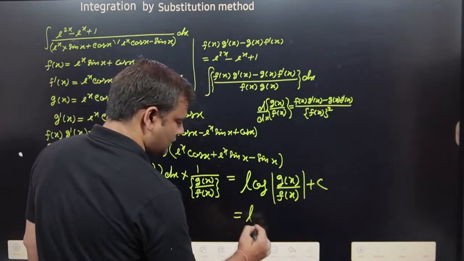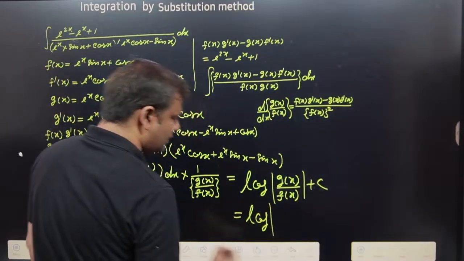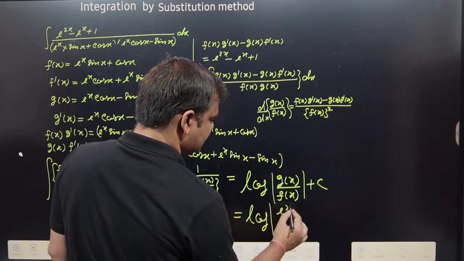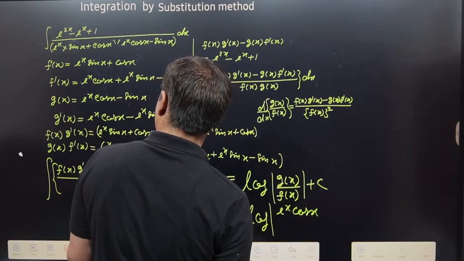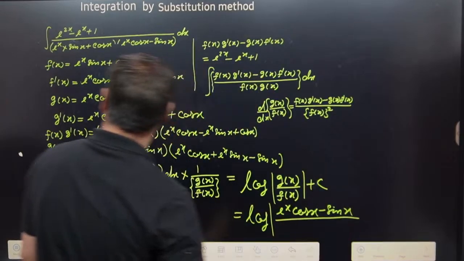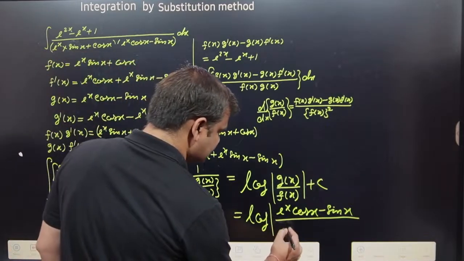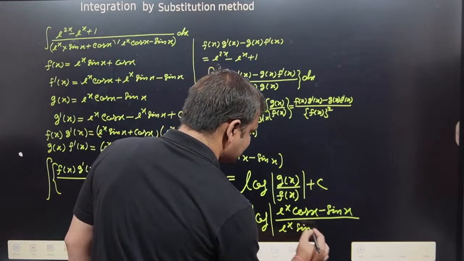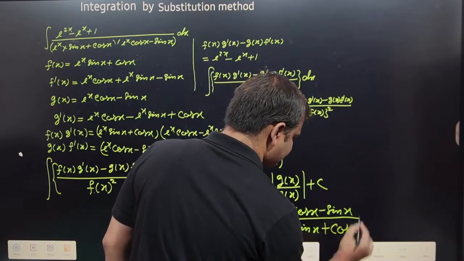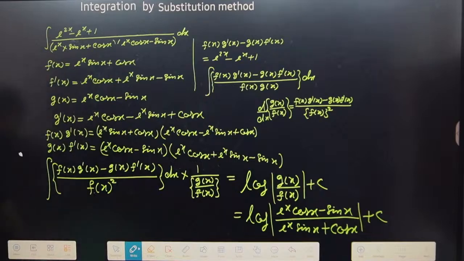And now the final answer is modulus of g of x, which is e to power x into cos x minus sin x, divided by f of x, which is e to power x into sin x plus cos x, plus c. That is the right answer.